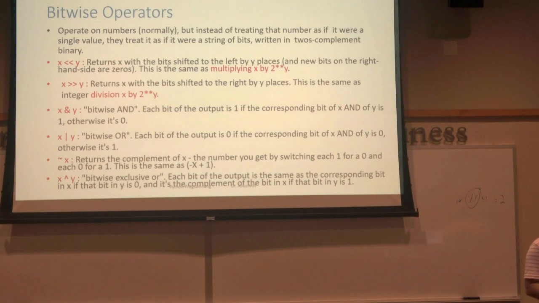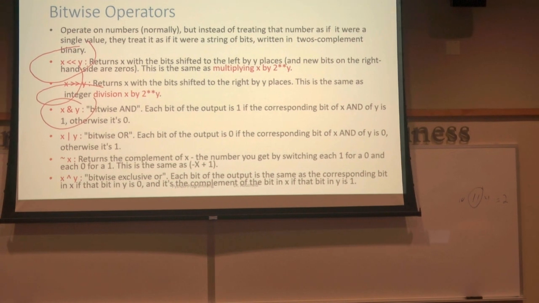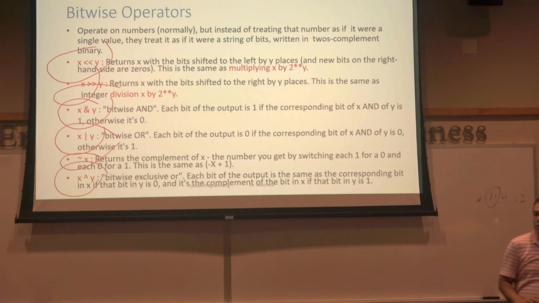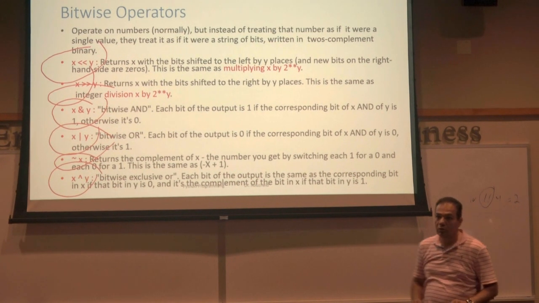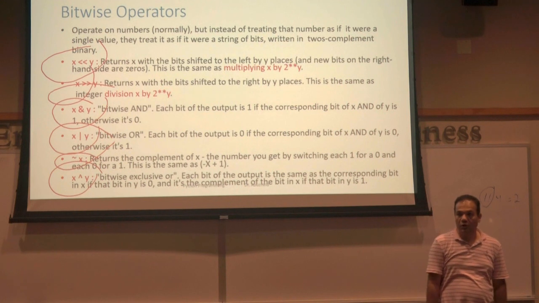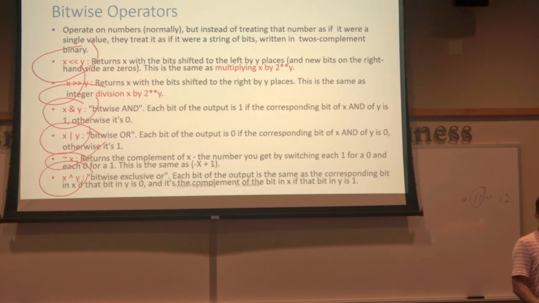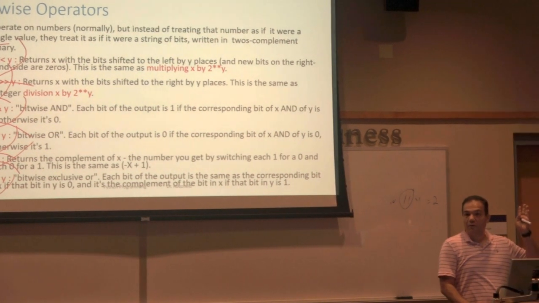So you have shift left, shift right, the AND, the OR, the negation and the XOR. You know what a bitwise operation is? It works at the binary level. Any questions? Please stop me at any time if I go fast.